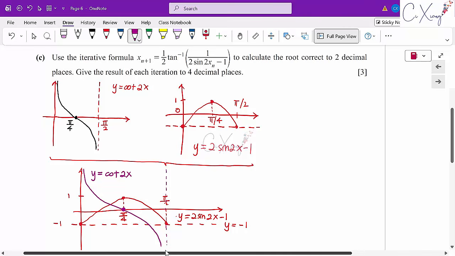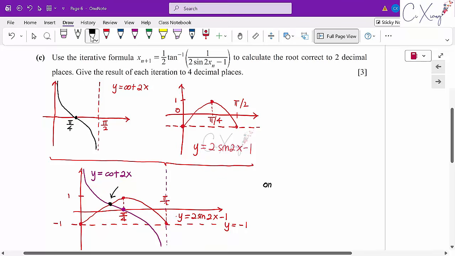Alright, then since they ask us to prove that there's only one root, what we need to do is make a simple conclusion. According to the graph that we drew, we only see one intersection point. Therefore, the conclusion that we should make is something like this.